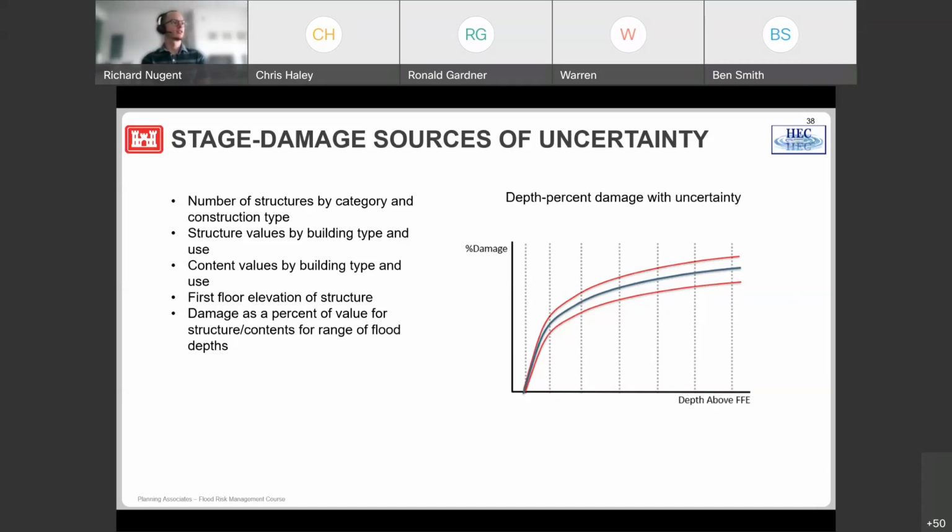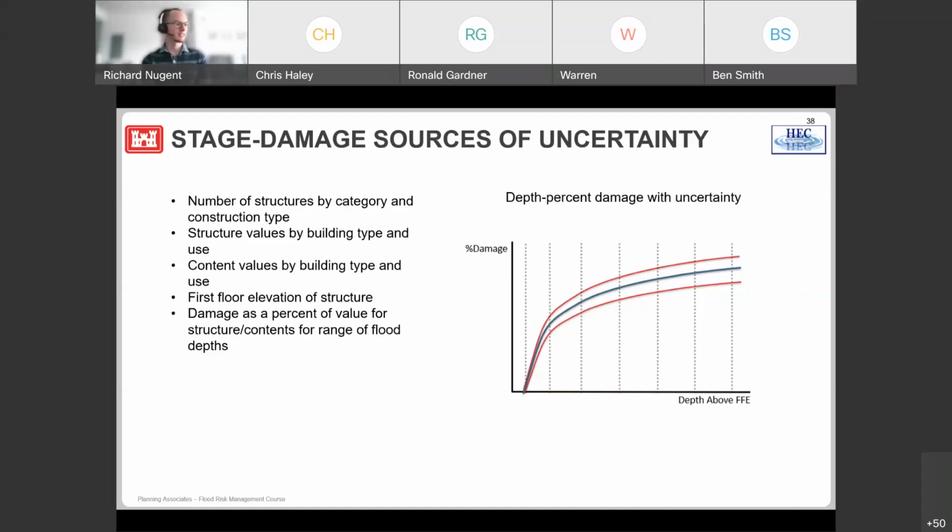The construction period or the reconstruction period matters too. The longer it takes to get people into a home that was flooded, the more likely you're going to have mold, and mold can really affect the level of damage of a home for a given depth above first floor elevation. So then the bounds around percent damage for a given depth, that's meant to reflect all these items.